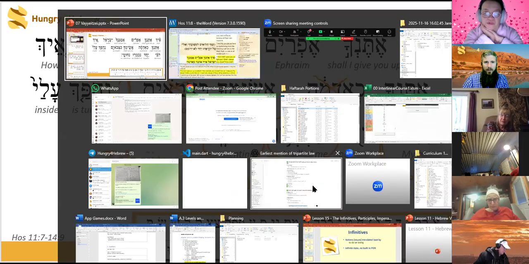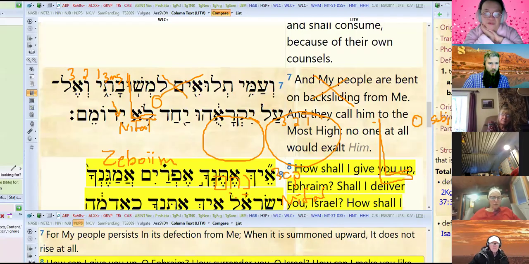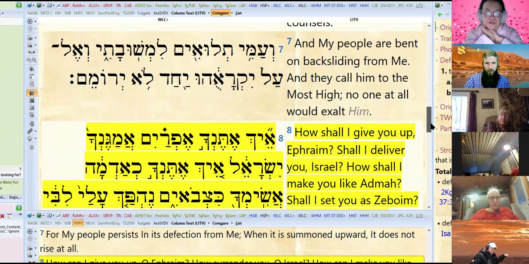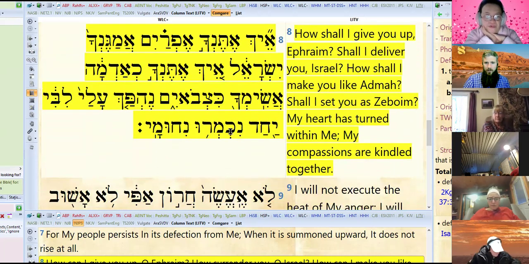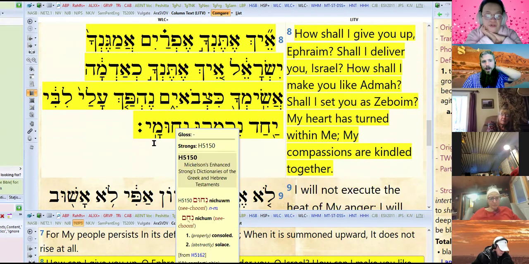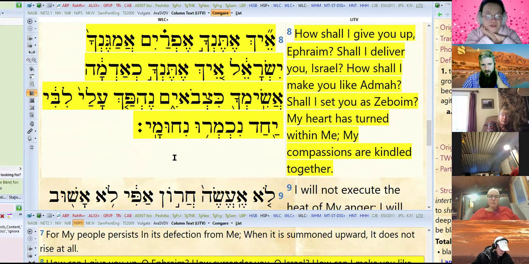So let's go look at that one and see if we can get a little bit of clarity from the Bible app. And Nichmeru. Here it says compassion. No. Okay. So the Nihumai, those are my compassions. And then it still translates it as kindled. They are kindled. So let's look over at the dictionary.